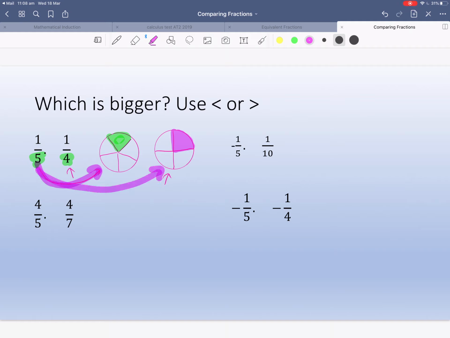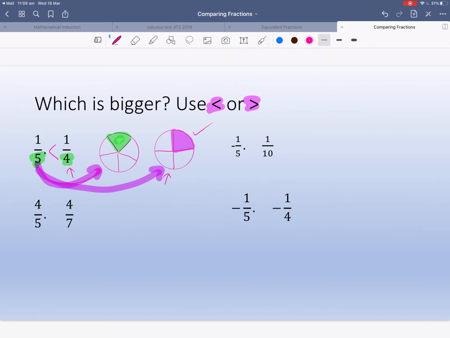Remember, with these symbols, the crocodile always eats the bigger one. So which one's the bigger one? Clearly the purple one is the bigger one, so I'm going to put my crocodile symbol there. The bigger the number on the bottom, the more pizza slices we've cut it into.